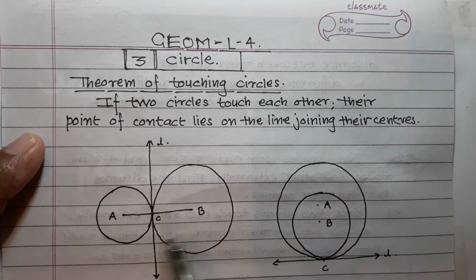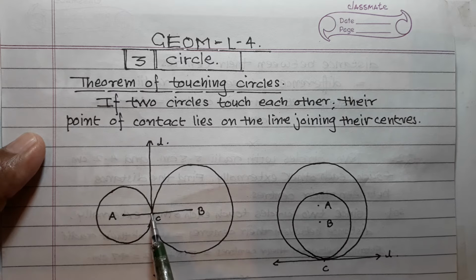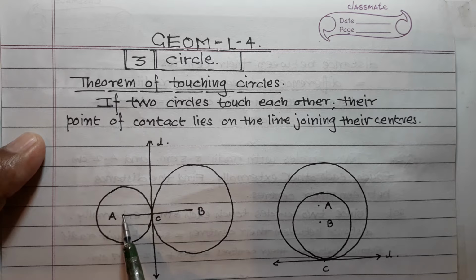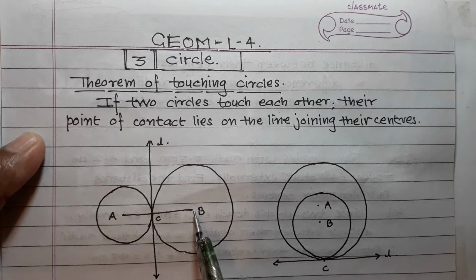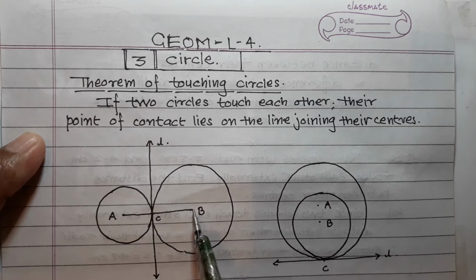That means if this is a circle and this is a circle with centers A and B, and the contact point is the common point of these two circles, and if you join the centers of the circles, then this point lies on the line joining AB.